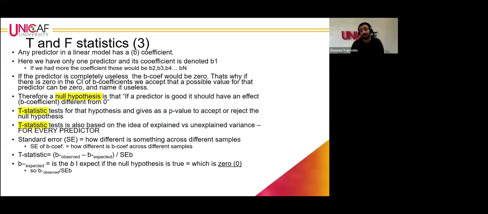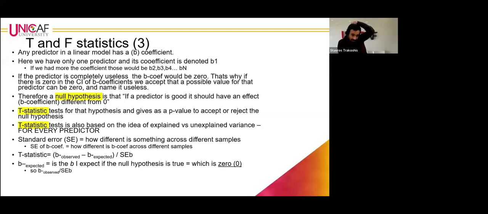If you remember the computations of the one sample t-test and the independent sample t-test, they had a standard error associated with them. So the standard error of the beta coefficient in this case is how different the beta coefficient is across samples that I have not measured.